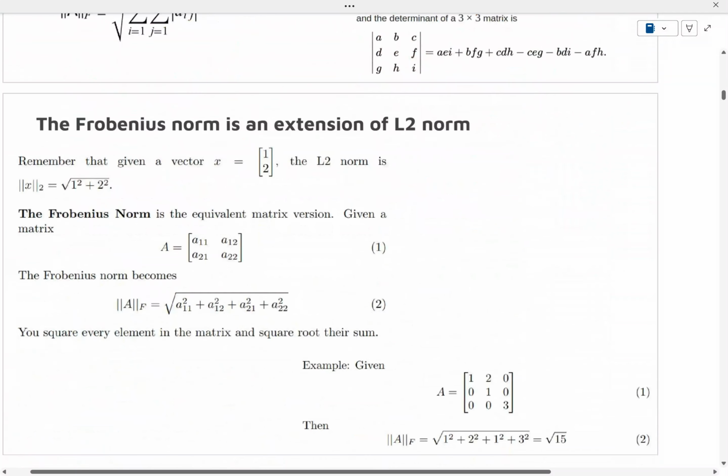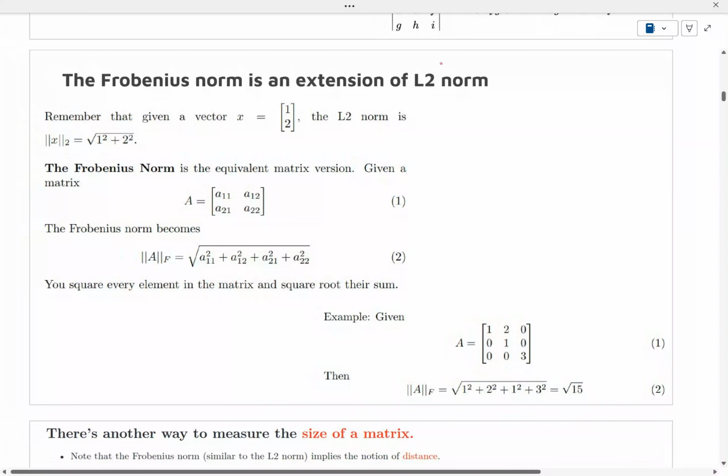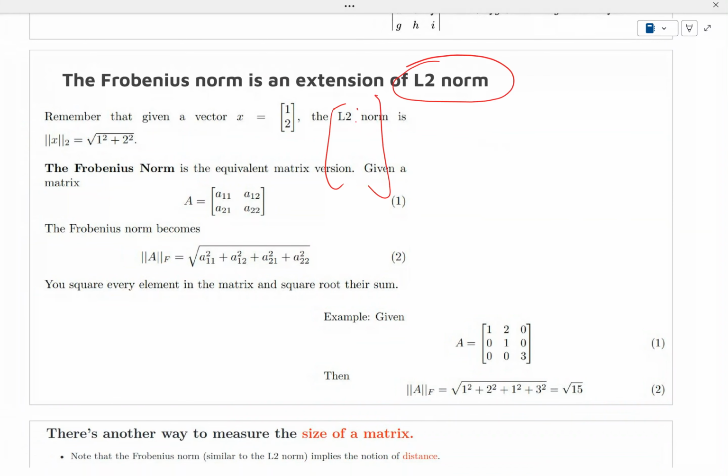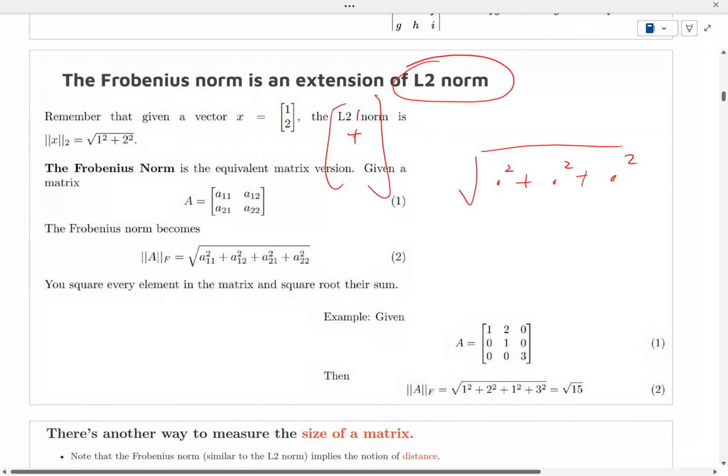The Frobenius norm is easy as long as you remember what the L2 norm was. For the L2 norm, you take every single element inside the vector, and for each element, you square it, right? So let's say it's 1 4 2 1.